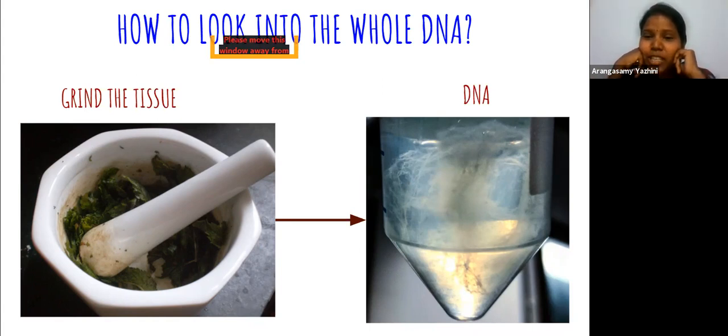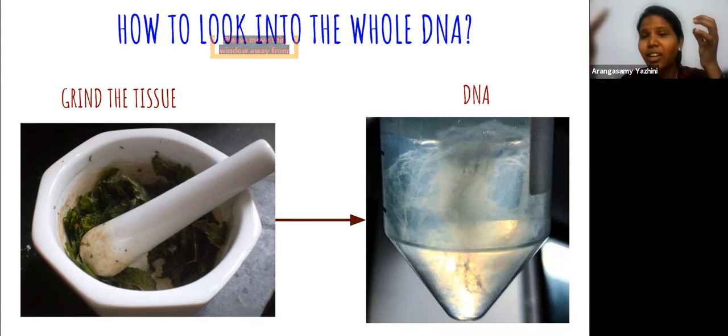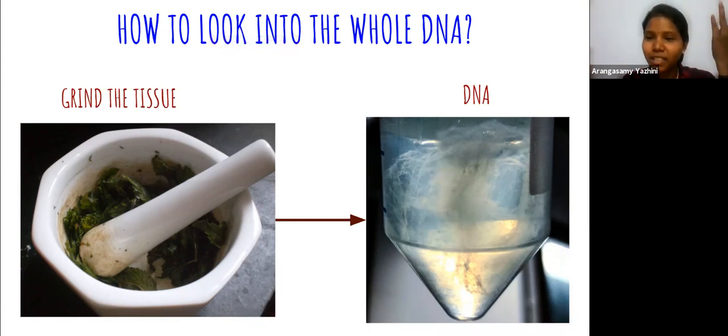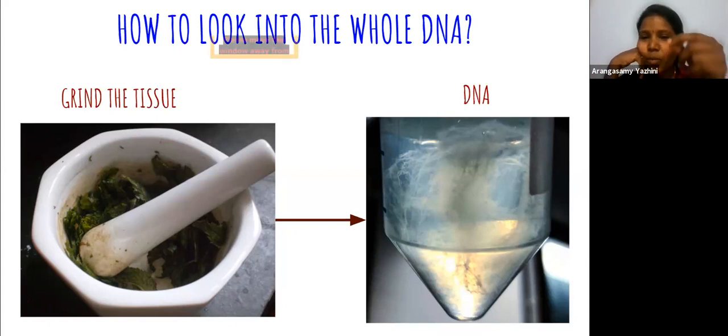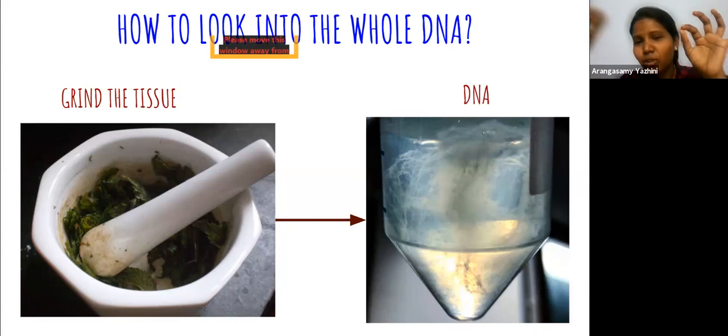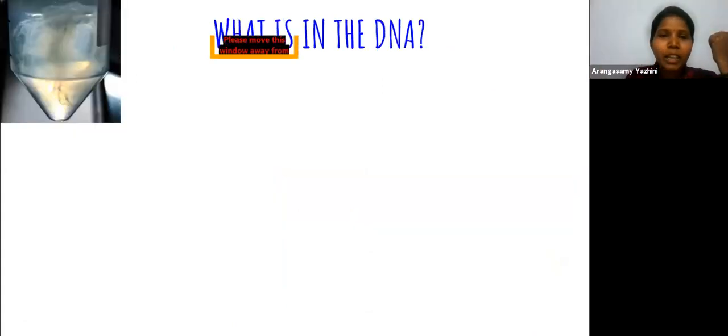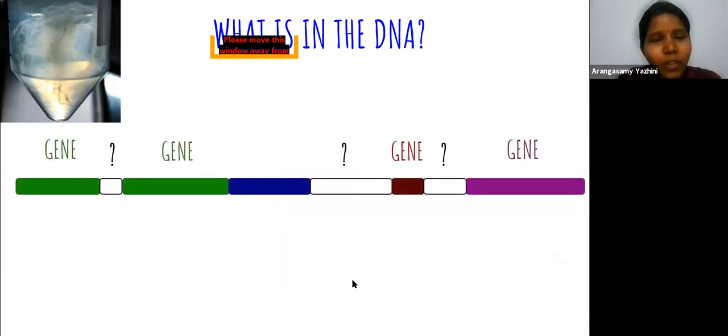But this is the material that is going to decide what the cell has to do, what our human body has to do, and animals, everything, isn't it? So how do we understand what this white material is going to say to the cells, so that the cells do their job?